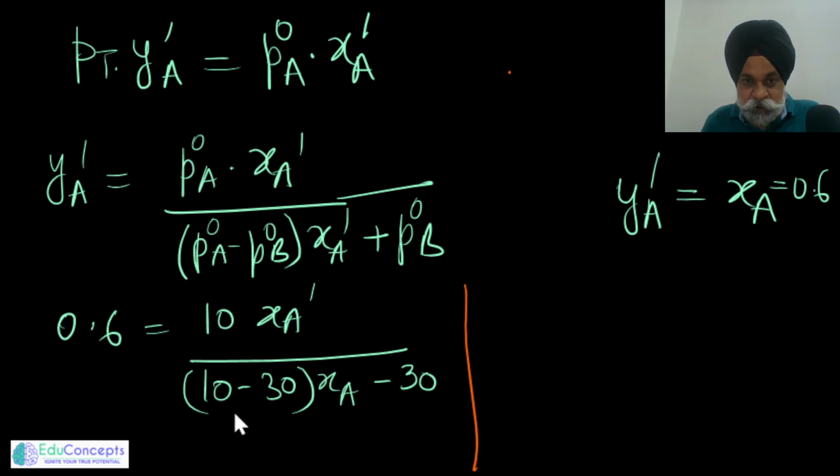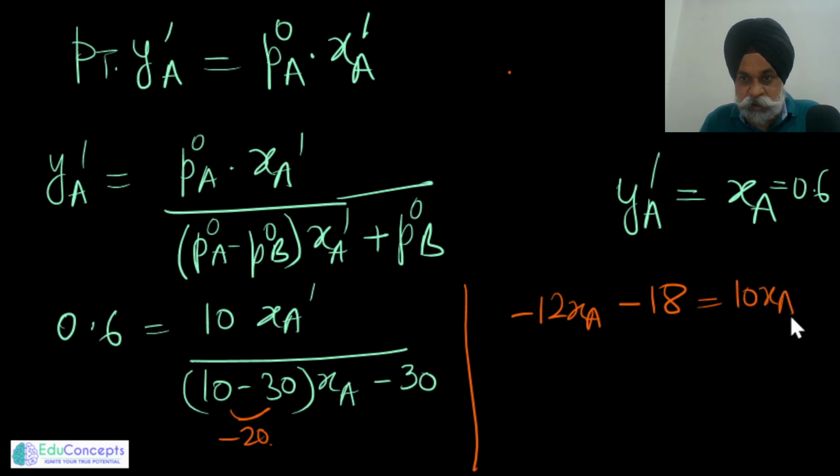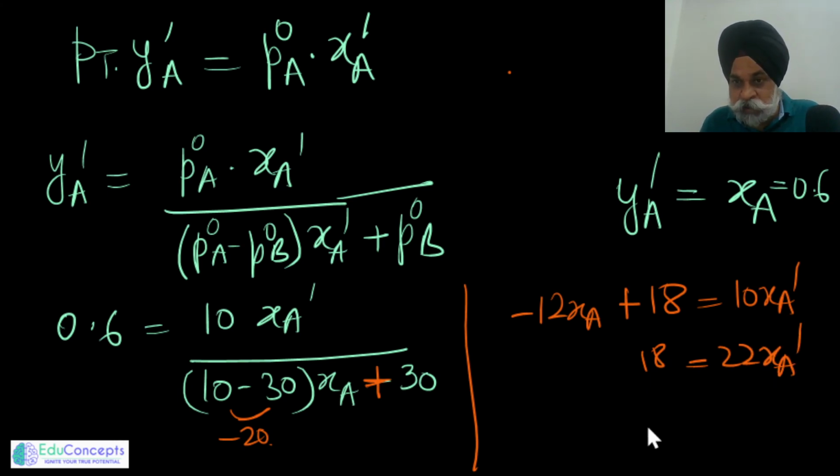This would become 20 minus 20, so this becomes minus 12 XA dash minus 18, 3, 6, 18, and this is 10 XA dash. Sorry, this was plus 30, so it becomes 18 is equal to 22 XA dash. So this comes out to be 9 by 11 XA dash.